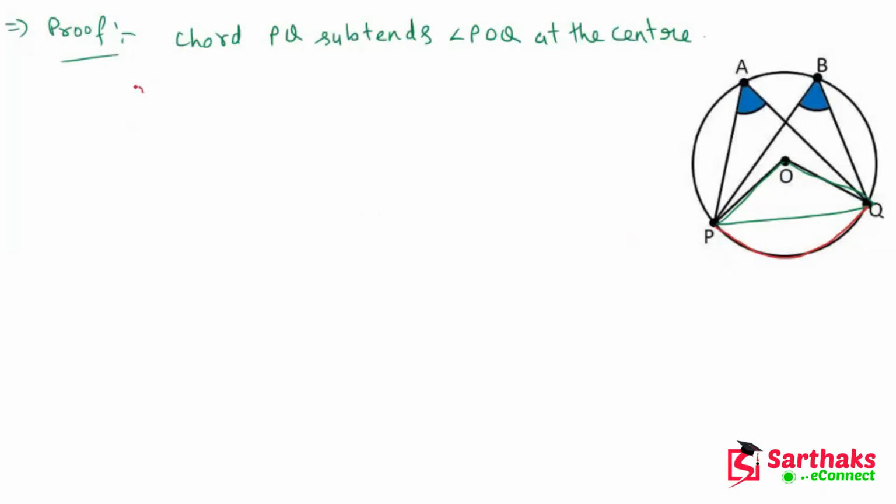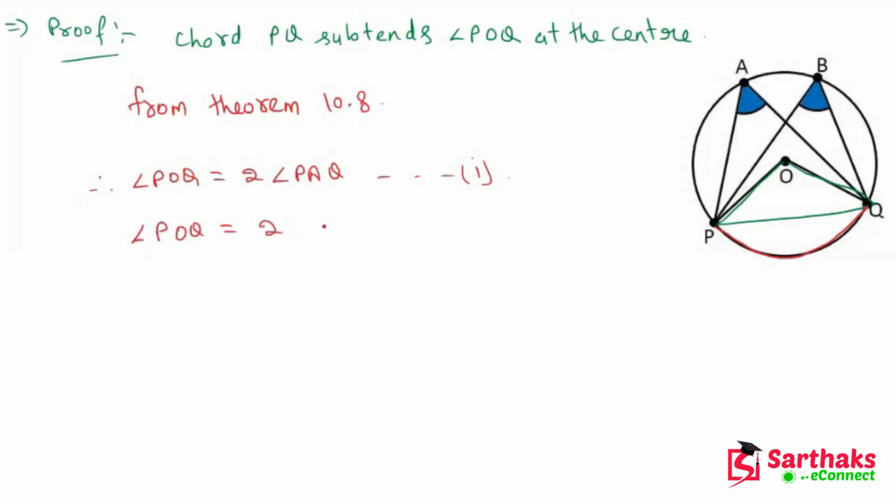So from theorem 10.8 we can say that angle POQ is equal to twice angle PAQ. Let's suppose this is equation 1. And angle POQ is also equal to twice angle PBQ. Let's suppose this is equation number 2.